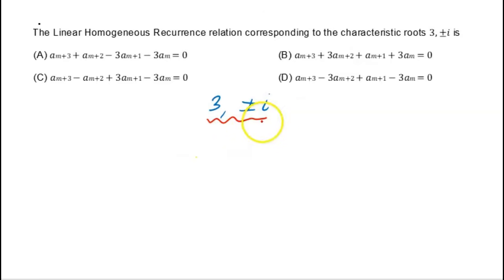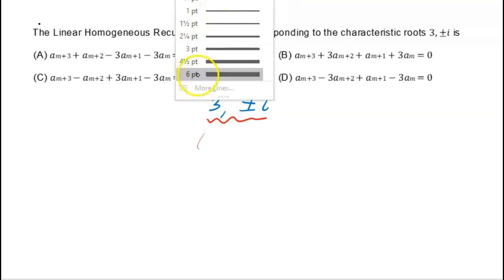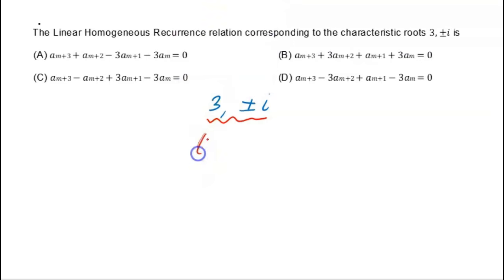So how to write the recurrence relation? This is a different problem, because in the last one the roots were given and we were writing the solution. Now they are asking me to write the recurrence relation. It is easy; we have done one such problem earlier in this video itself. So for 3 I will write r - 3, and for plus minus i, when do we get the root plus minus i?